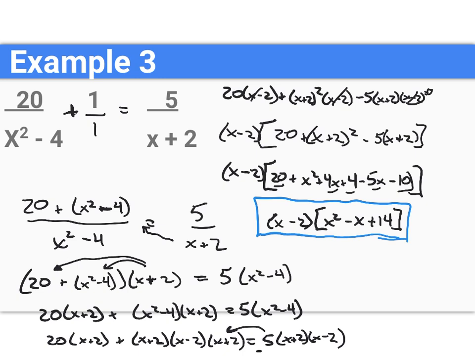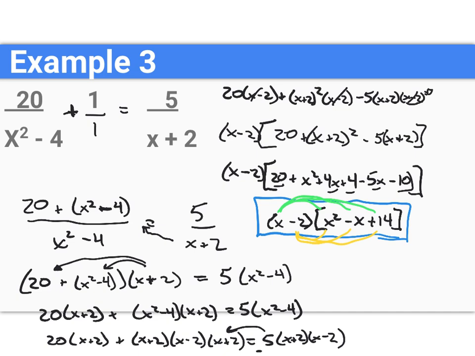So if we leave it like that, I believe that would be simplified. If you wanted to go further, you would multiply x times x squared, negative x, and 14, and then distribute the negative 2 to x squared, negative x, and positive 14. Then you would get 6 terms, 4 of which would be combinable. You still would get a trinomial out of that, but that's as far as we need to go with this one.